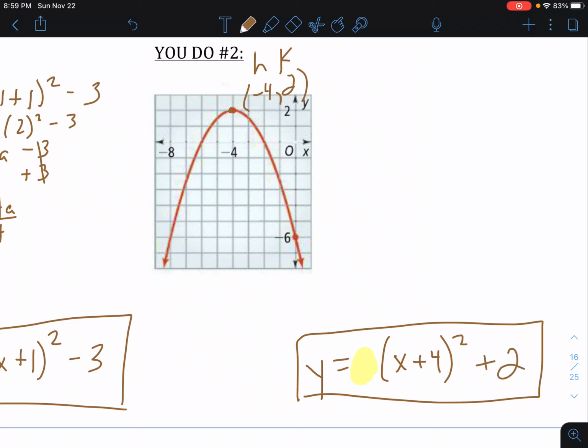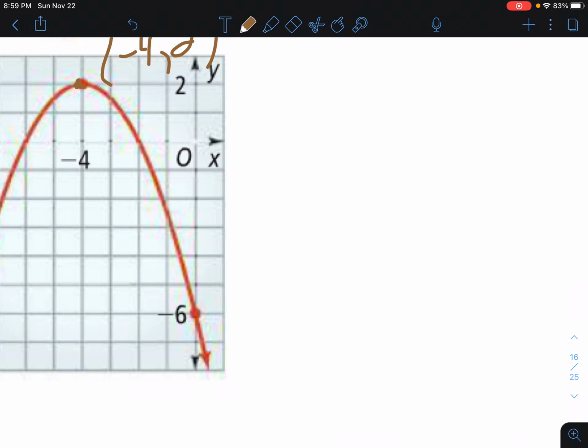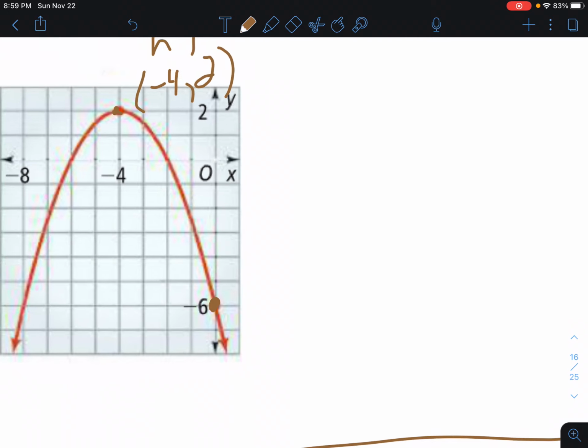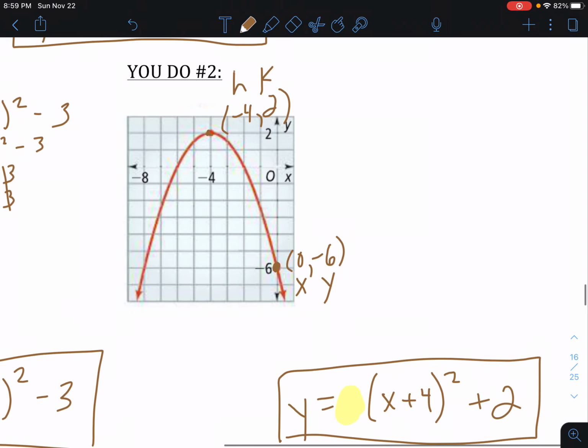So now let's use that h, k. Let's use this point here, because it's dotted already. This point is 0, -6, and that'll be my x, y when I'm figuring out what the a is. So now I'm going to use my vertex formula again.